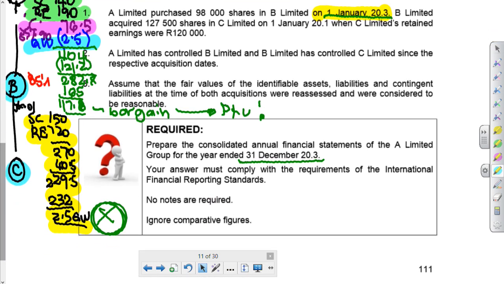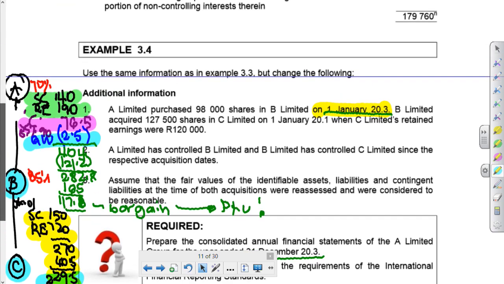Look, when I first bought the group, I recorded that at 232. But the assets and liabilities of C were only 229.5, my share. So I overstated this investment by 2.5. So when I'm looking at fair value of assets and liabilities, my assets and liabilities are overstated.